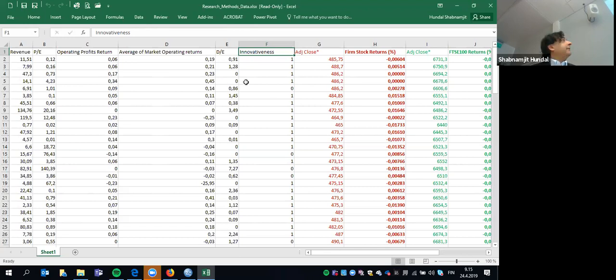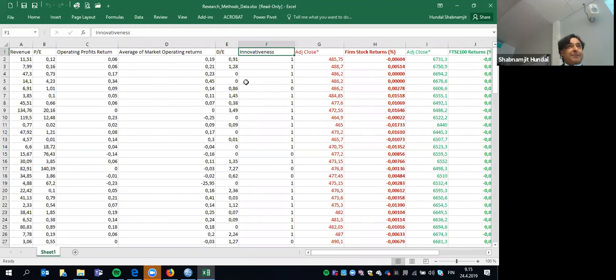But the variable is the same, innovativeness, but these days I'm more impressed with other measures. The one measure which I use for innovativeness is R&D expenses divided by total revenue. And the second variable which I use quite often is the ratio of intangible assets to total assets.